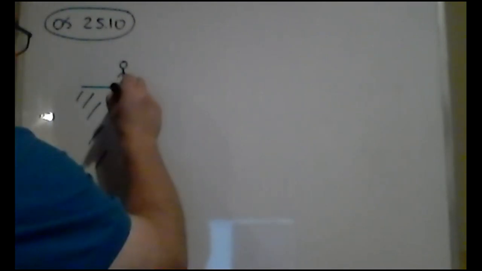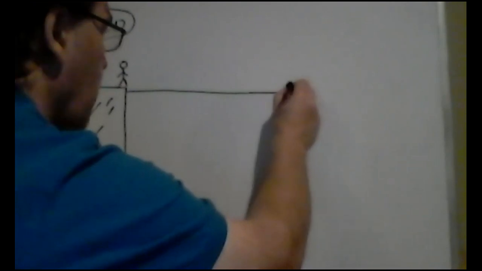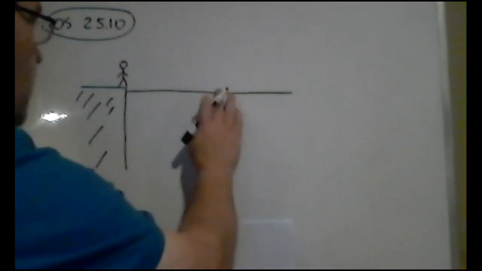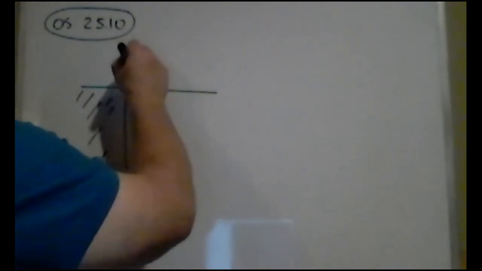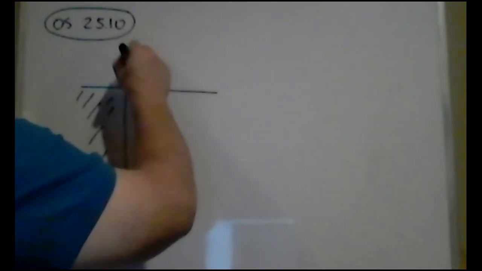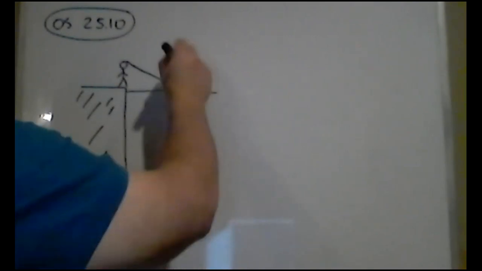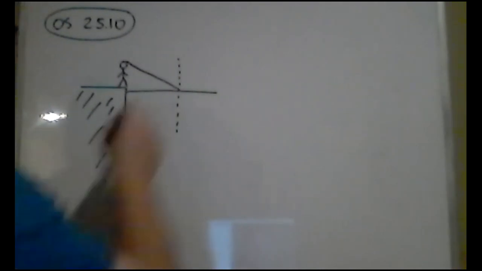I'll draw stick figures. We have a water level that's supposed to be horizontal. The instructor is going to have, from the face, a ray going into the water. Of course, the ray makes an angle, we'll say theta sub i, with the normal.